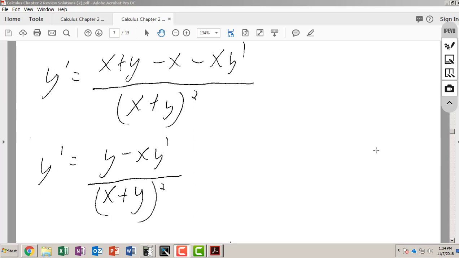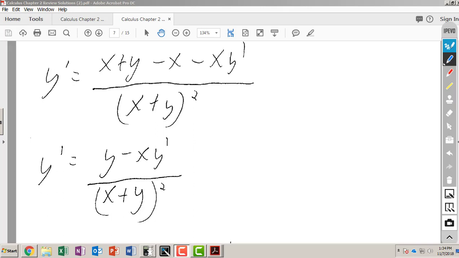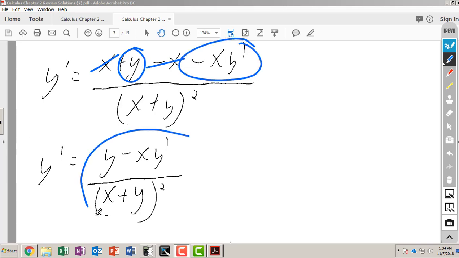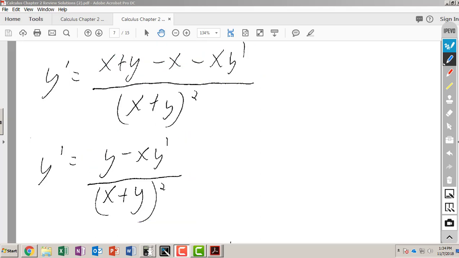Okay, now I'm going to simplify my numerator. To simplify my numerator, I notice that I can cross out the x's, and then I'm just left with this y minus xy prime. So I've got y minus xy prime all over x plus y squared.